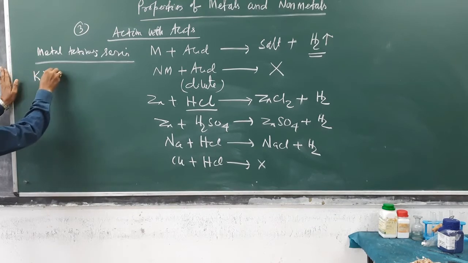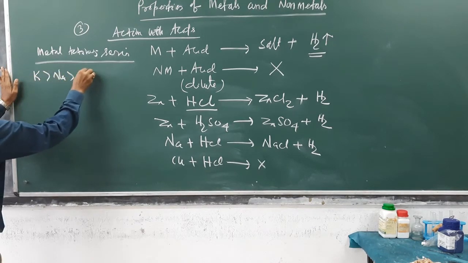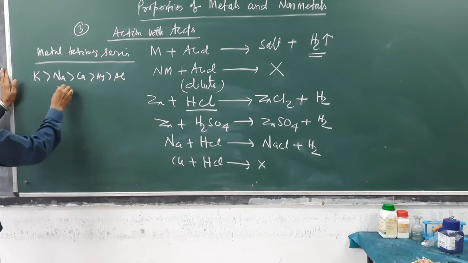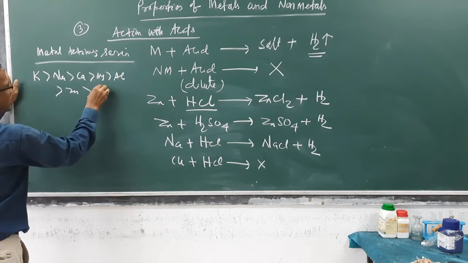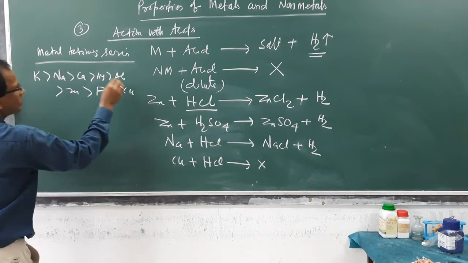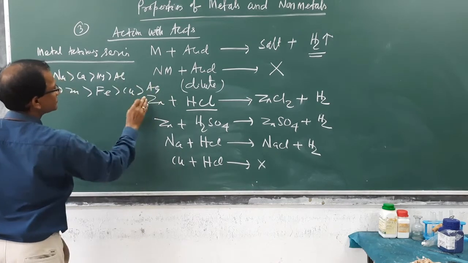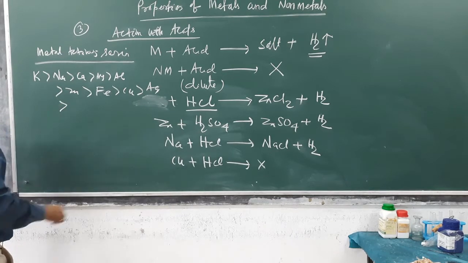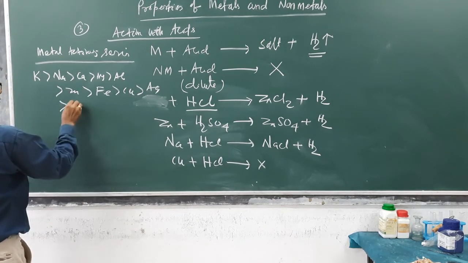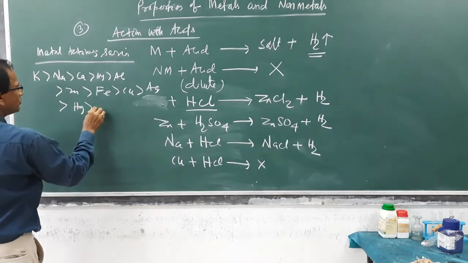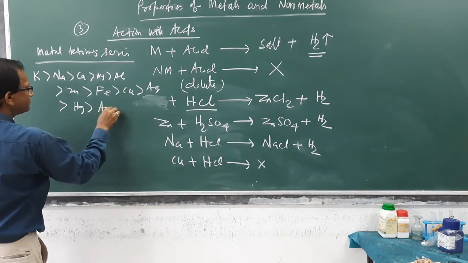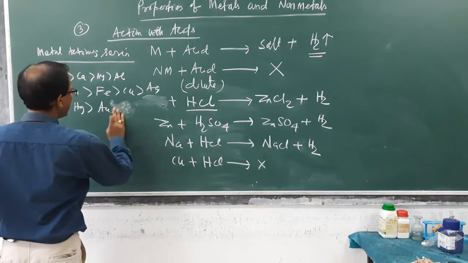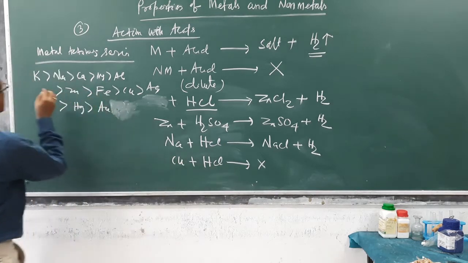Potassium, then sodium, then calcium, then magnesium, aluminium, then zinc, then iron, copper, silver, then mercury, gold, platinum, like this.